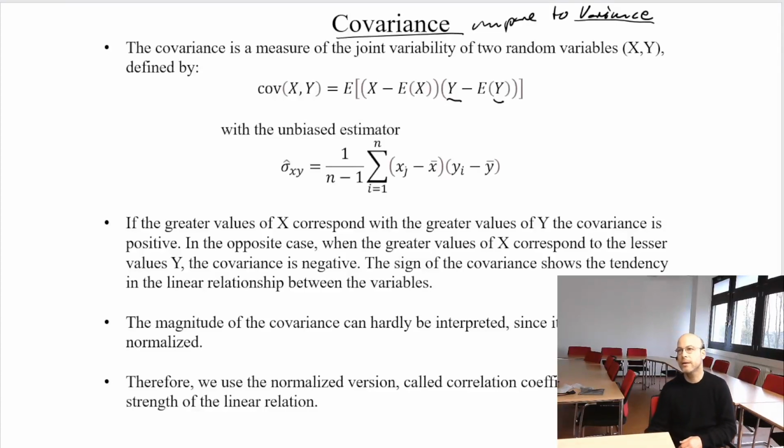and still we are calculating this in the same way, that we multiply the distances between our data point and the average of our variable x, and the data point of our variable y, with respect also to the average.